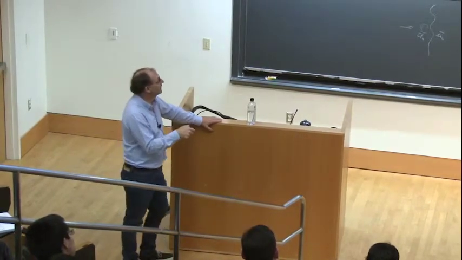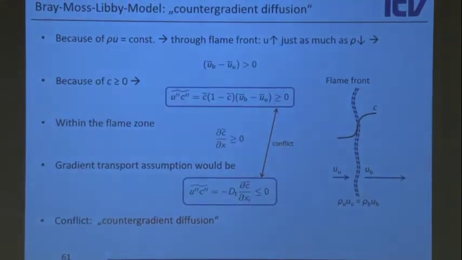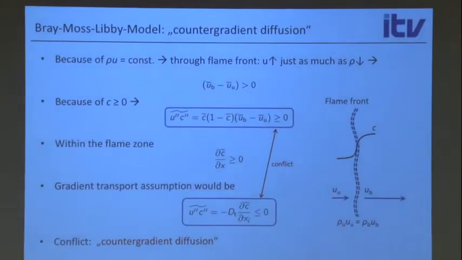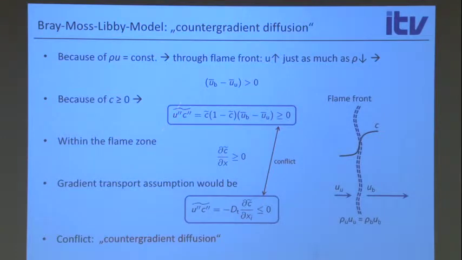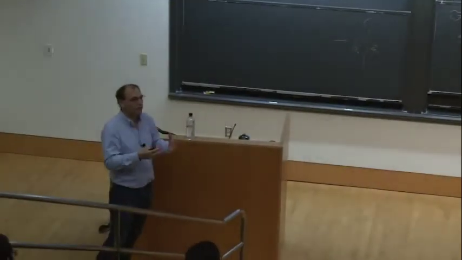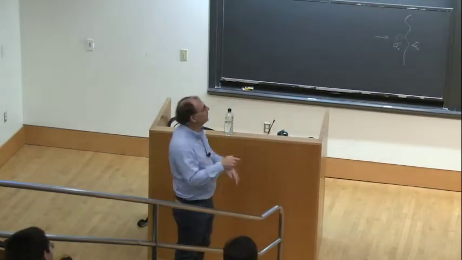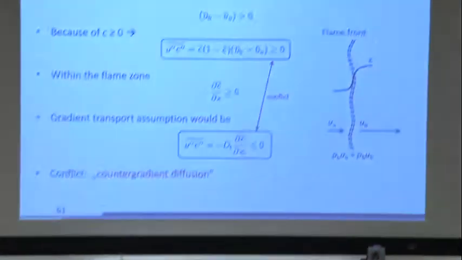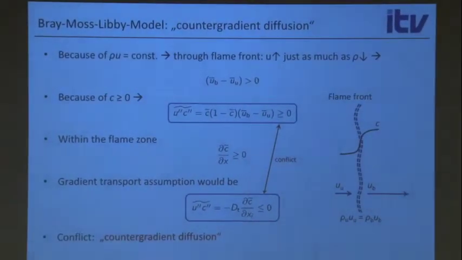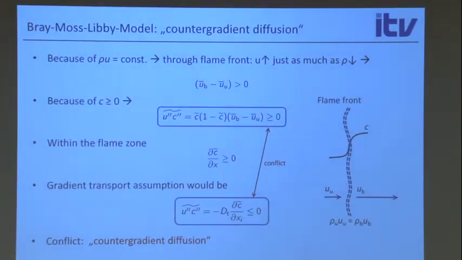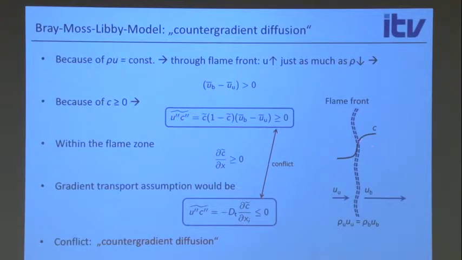But this shows maybe it's not a good idea. There's a process here, as is well known, called counter-gradient diffusion. This term, which is supposed to be a turbulent diffusion, actually goes from cold to hot. Why is that? Because of the expansion. You have two effects coming together. You have the turbulent transport that goes from burnt to unburnt, and then you have the expansion, which pushes things in the other direction. So if you just evaluate this term, you get what's called counter-gradient diffusion.